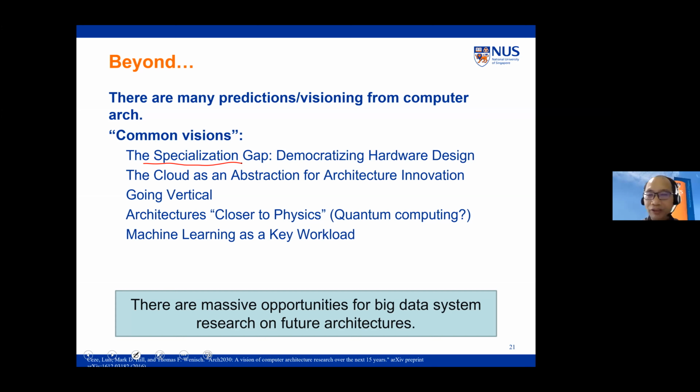I think definitely we will see more domain-specific architectures. And the other one is close to the physics, like quantum computing and also maybe other things like DNA computing. A lot of interesting things are happening in computer architectures. So definitely there are many opportunities for us to do research on big data. So here we talk about graph processing on future architectures.